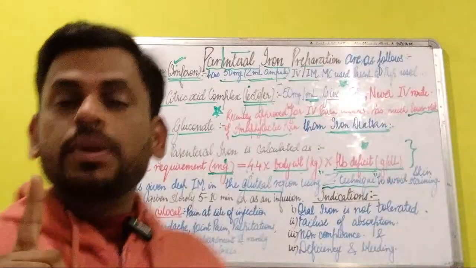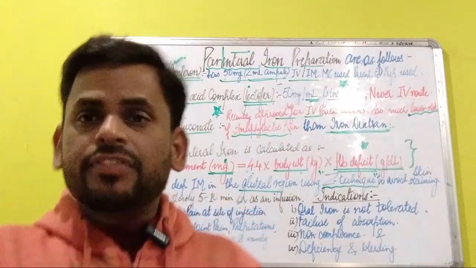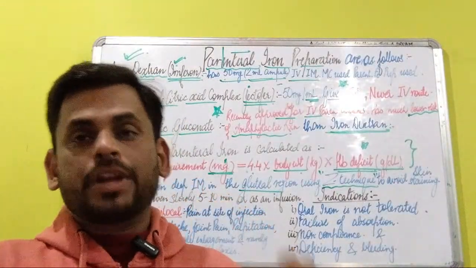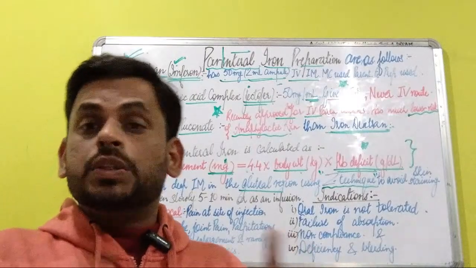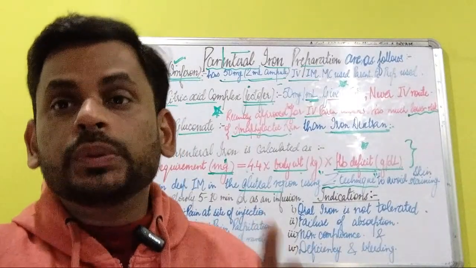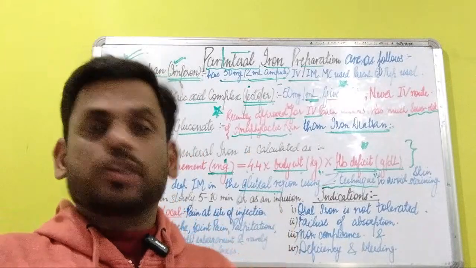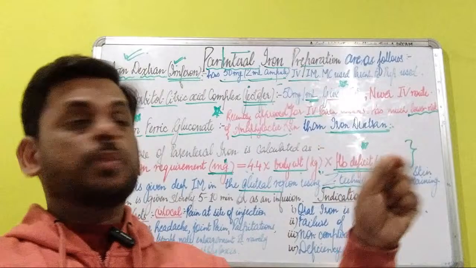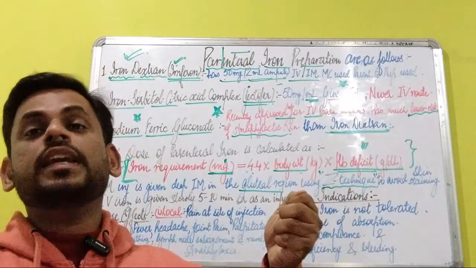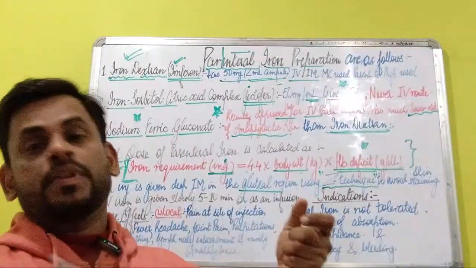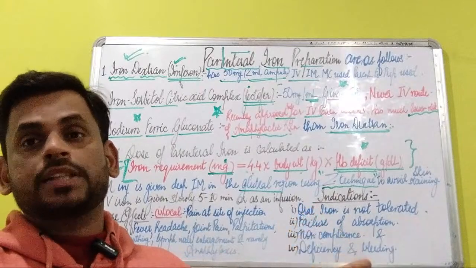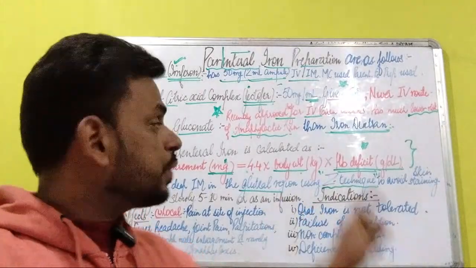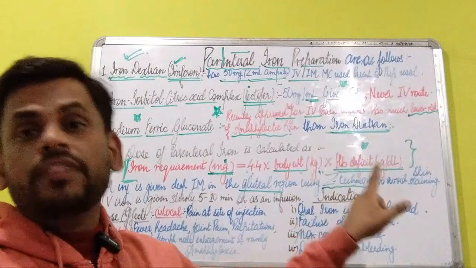Students and viewers, do remember that if an intramuscular iron preparation is to be given to the patient, it has to be given through the Z technique, where the skin and the subcutaneous tissue are pulled apart firstly, and then the iron is administered at the injection site. So this Z technique is very important.